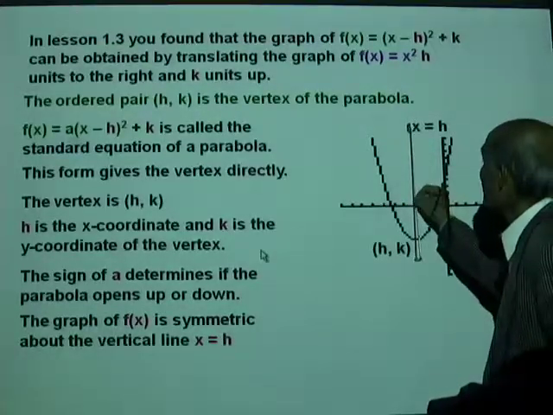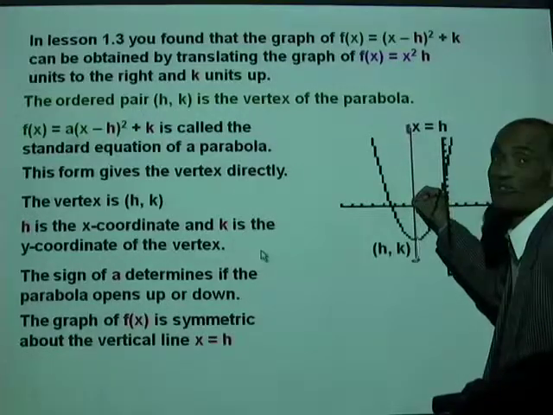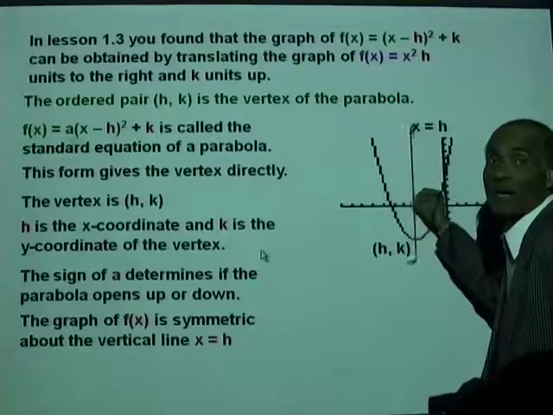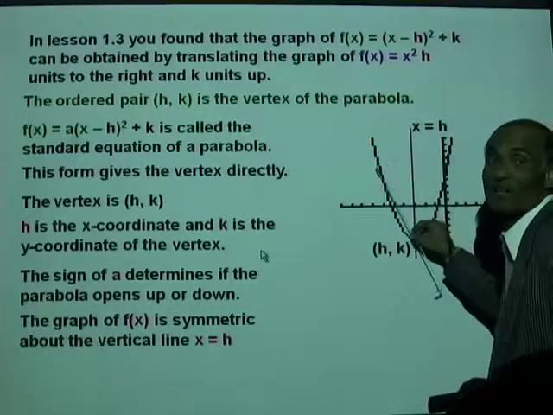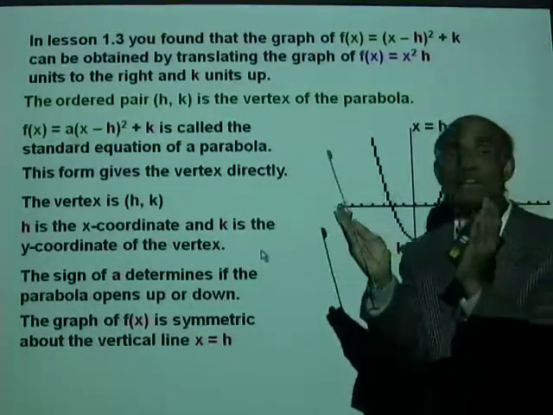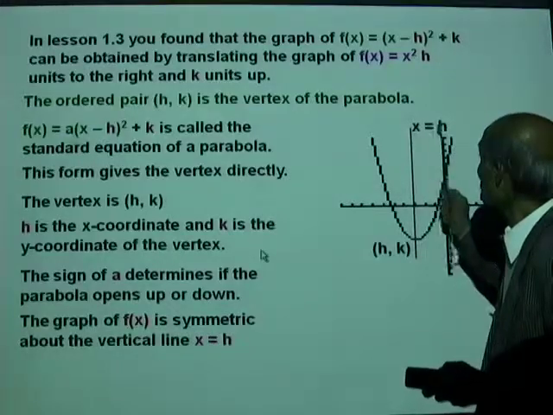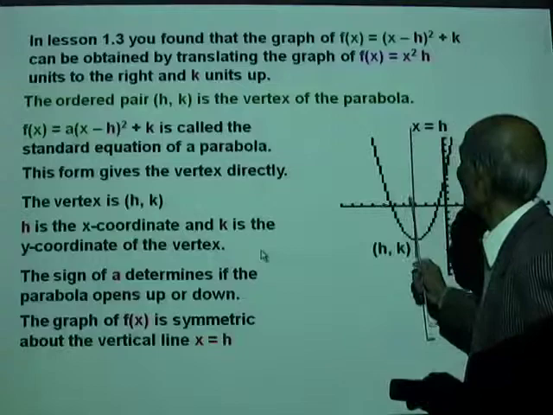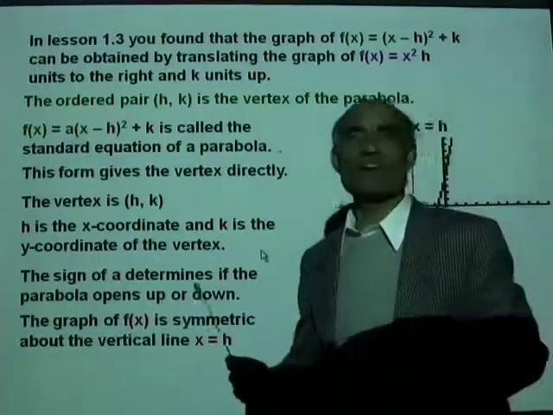This is called the axis of symmetry for the parabola. If you look at the left of the line and the right of the line, the parabola is symmetric. So the vertical line x equal to h is called the axis of symmetry of the parabola.